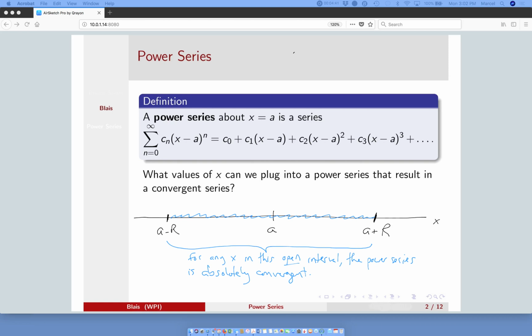If you pick anything outside of here, so for x outside the interval, and this time we'll say closed, so A minus R, A plus R, the series diverges.